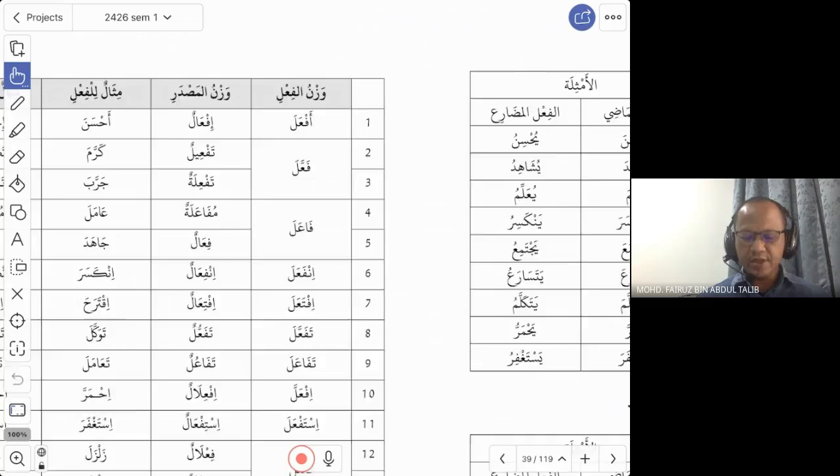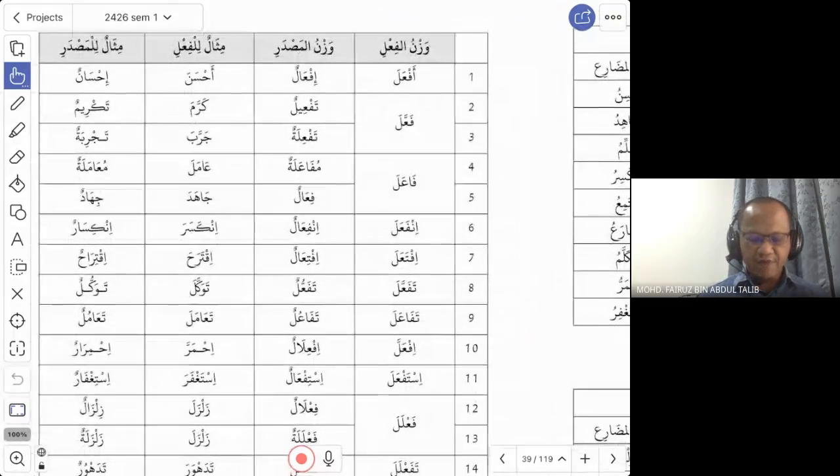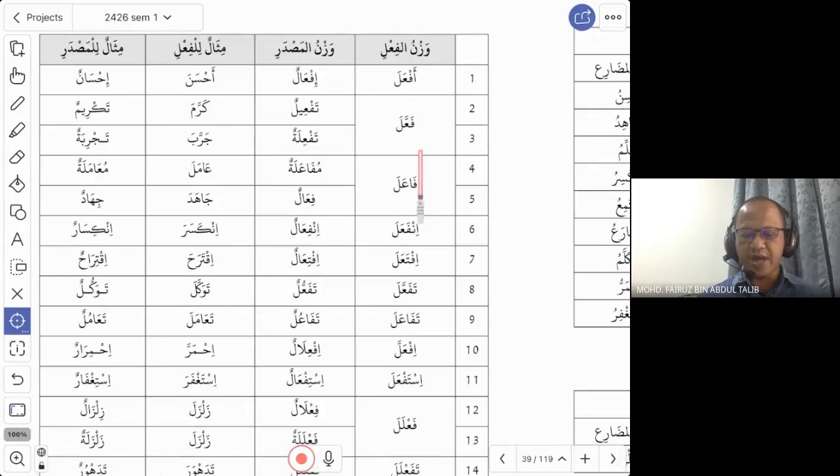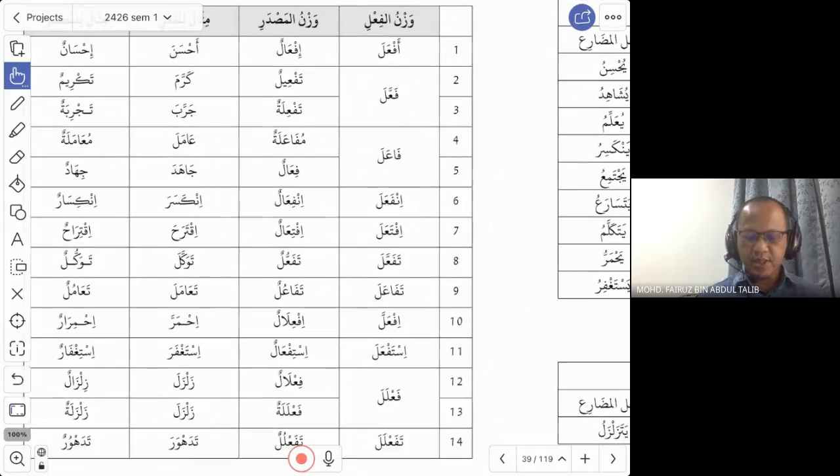So basically, you have the same wazan here, until the end. This includes the sulasi mazid and also the rubai. Number 12 and 13 are rubai mujarrad, and number 14 is the rubai mazid. So other than the 3-letter fi'l.